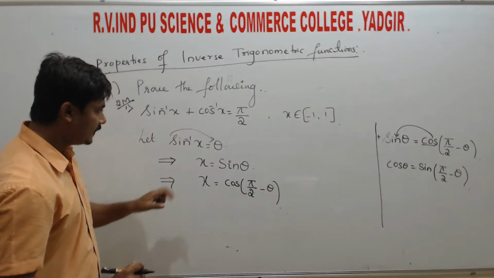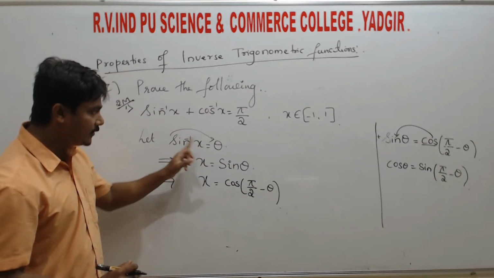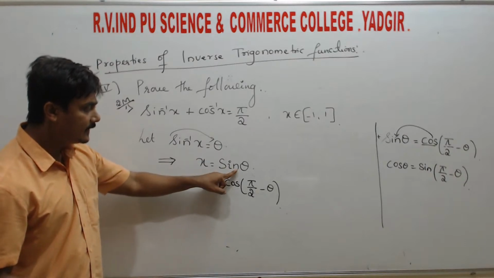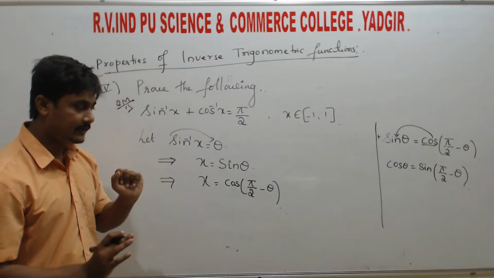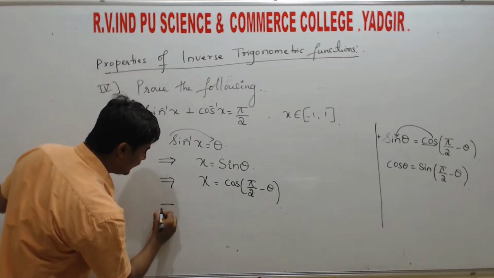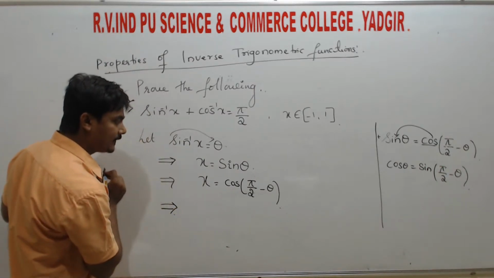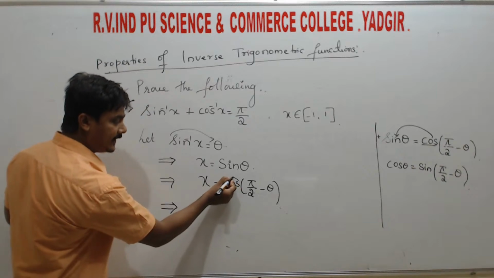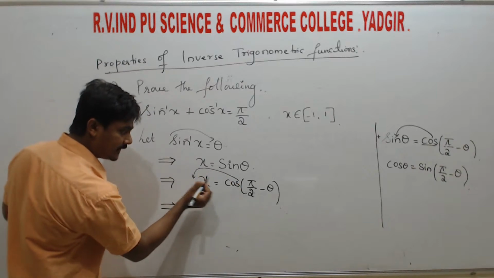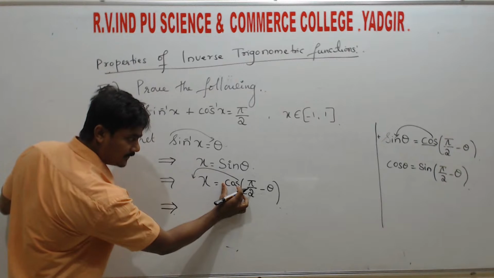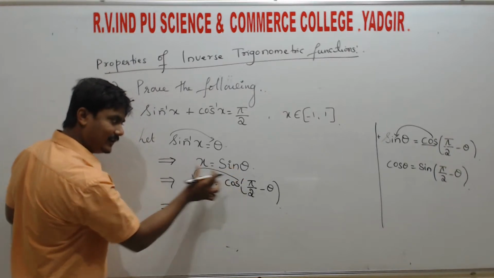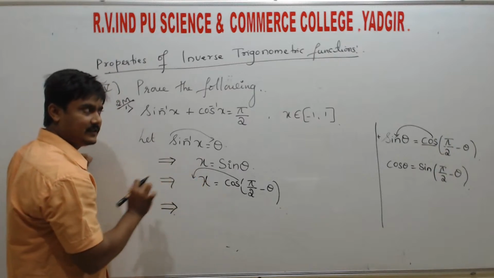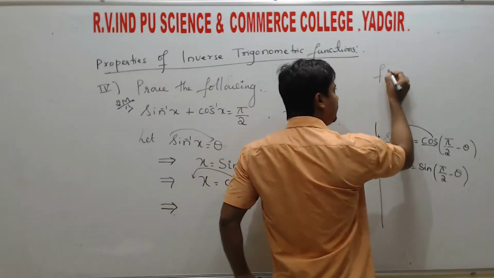Okay. So now this x is equal to sin theta. This sin theta, how have we written? Cos of 90 minus theta. So now, according to the definition of inverse cosine function, if I take this cos to the left side, it will become cos inverse. If it is a function here, it will become the inverse of that function. We remember the definition of inverse of a function.